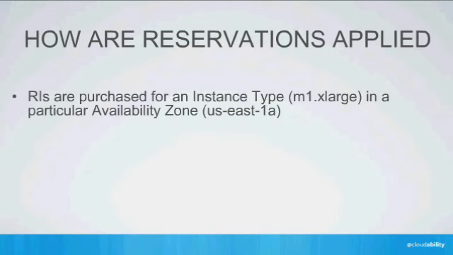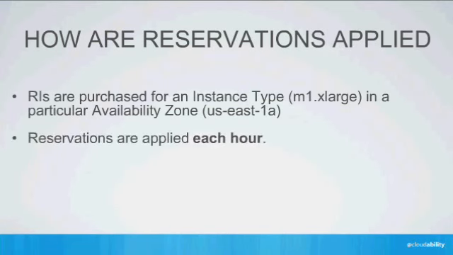Instance type, for example, an M1 X large, in a particular availability zone, like US East 1A. And the third thing, which a lot of people don't pay attention to, I don't even have it listed here, but it is relevant, is the operating system. So every recommendation that we make is based on an instance type in a particular AZ running a certain operating system.